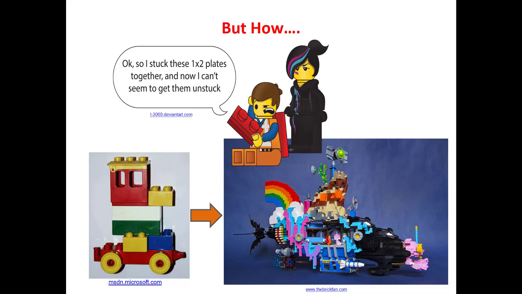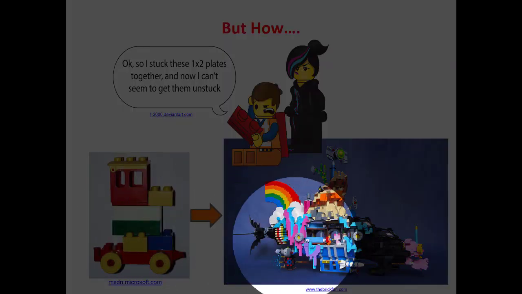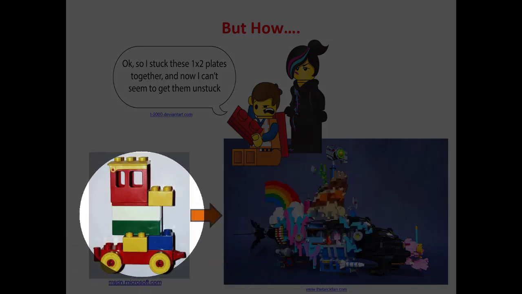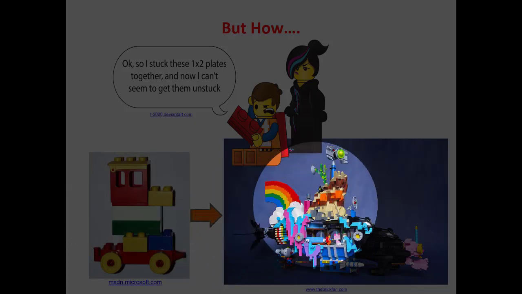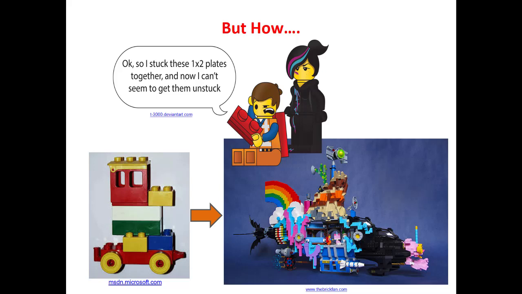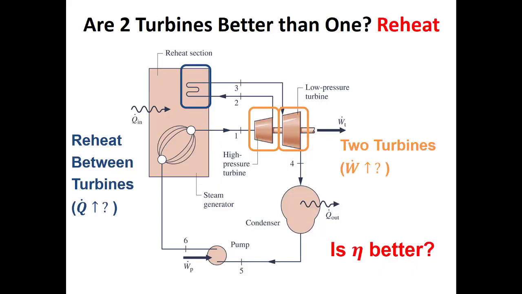But one of the ways that we can improve the efficiency of this kind of Rankine cycle is by increasing the complexity. So if we go from these less complicated Rankine cycles to something more complicated, the benefit is that we can improve our thermal efficiency.